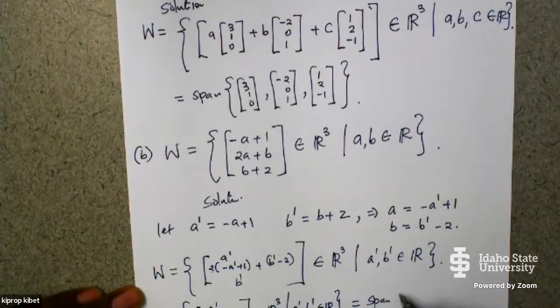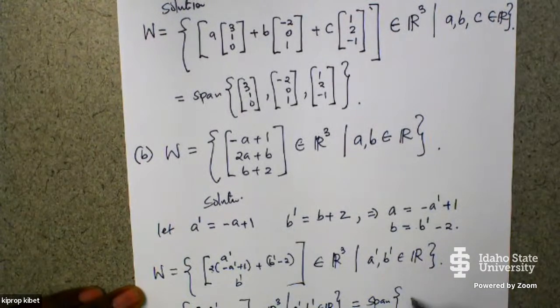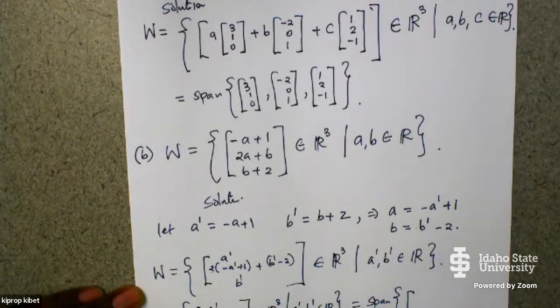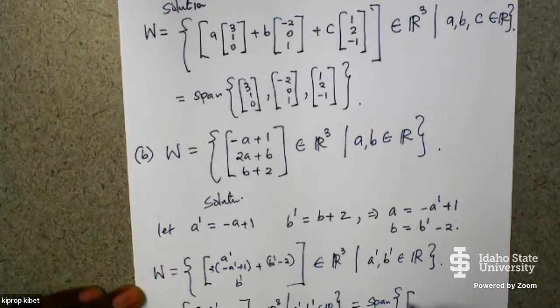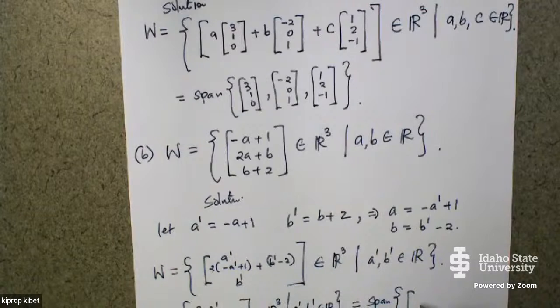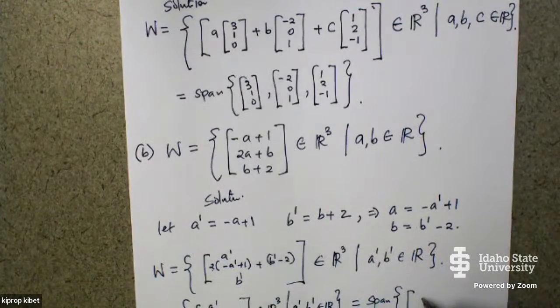Then this is equal to the span of, for A1 there, we have 1, and then minus 2, and then the last one there is 0. And then for B prime there, we have 0, we have a 1 and 1.